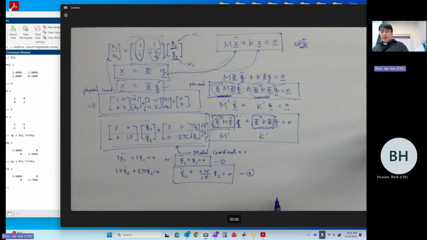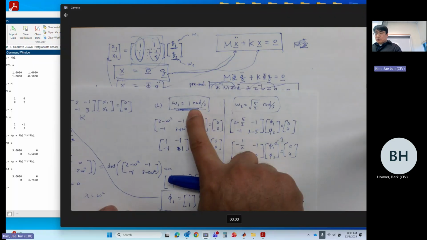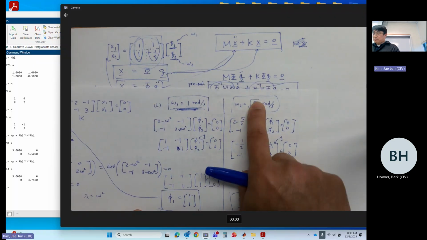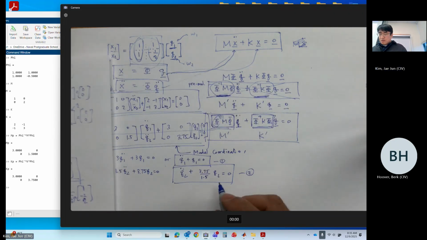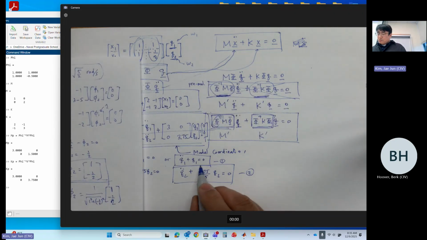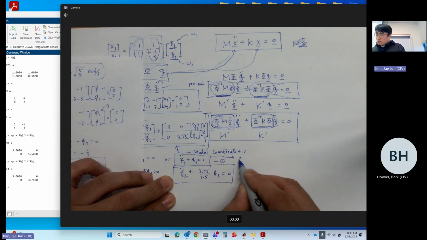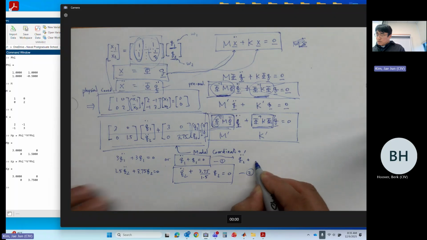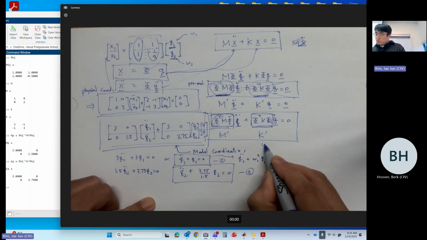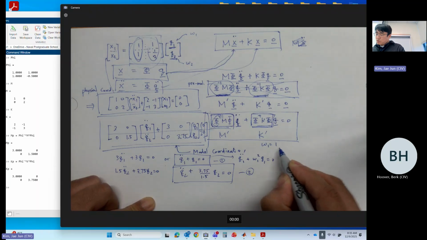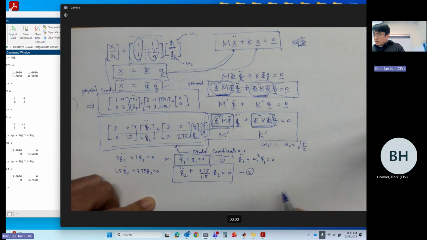Remember, our natural frequency omega 1 was 1, omega 2 was 2.5, square root of 5 over 2, right? So we know that you can write this as Q1 double dot plus omega 1 square Q1 is equal to 0, where omega 1 is 1, and omega 2 was square root of 5 over 2.